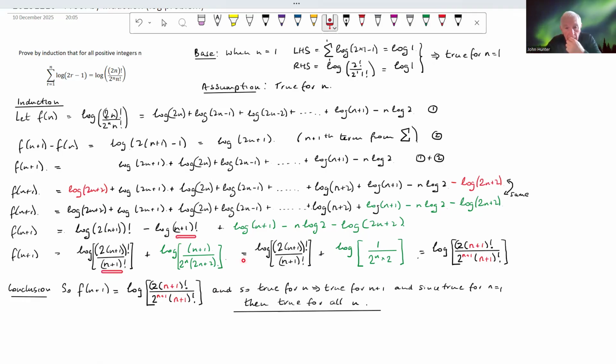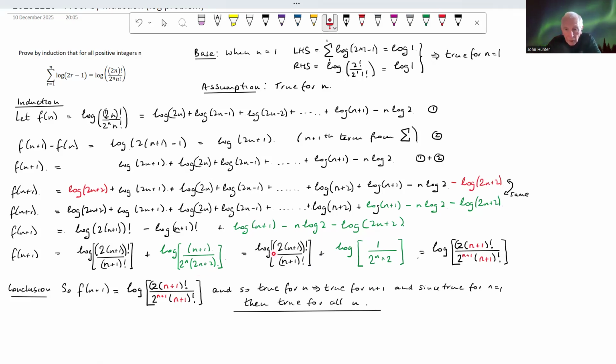Okay. And then with this, we've got the log of n plus 1 there minus n log of 2. I've converted that back there to 2 to the power of n. I don't know whether I needed to convert it in the first place, but that's 2 to the power of n. And also on the denominator, I've got 2n plus 2.